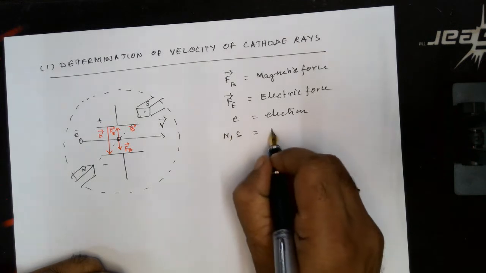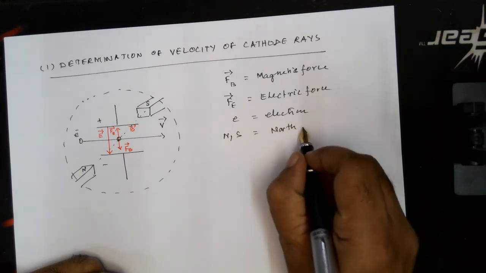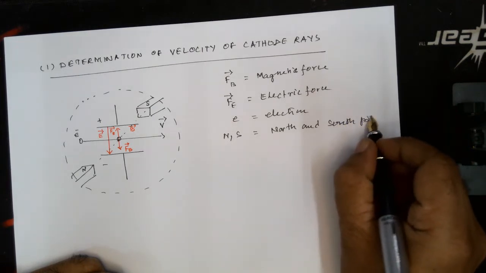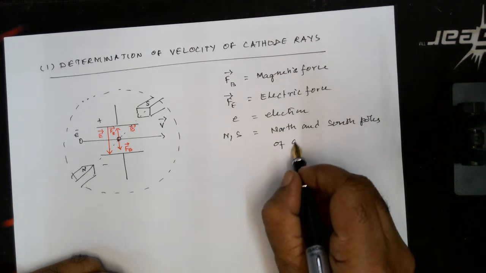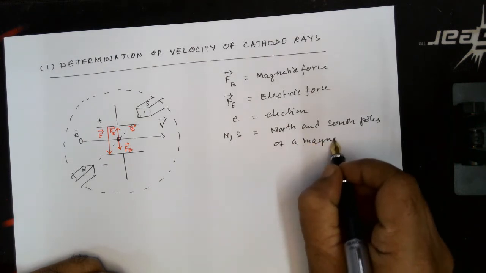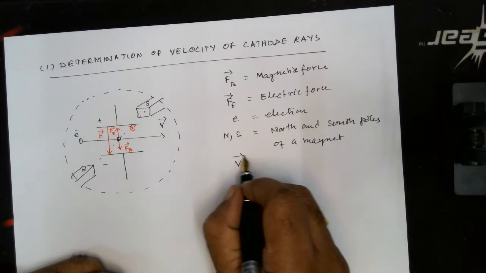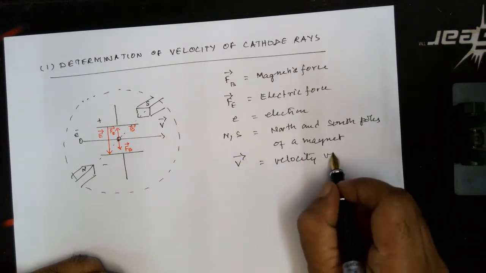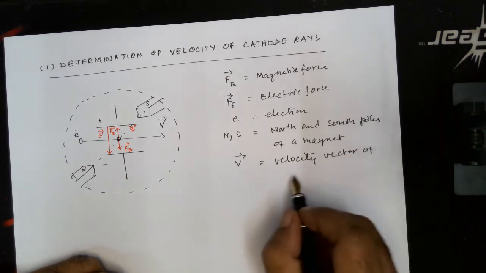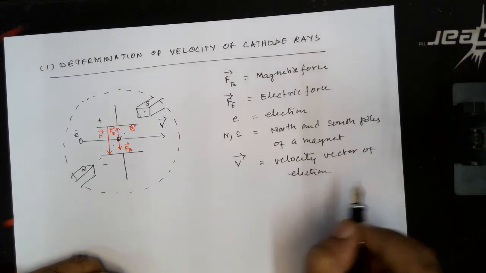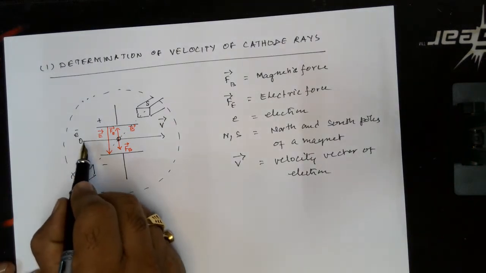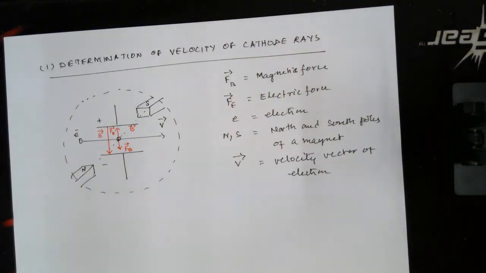N is north pole, S is south pole of a magnet. v vector, velocity vector of electron. In fact, the path of the electron is a straight line.